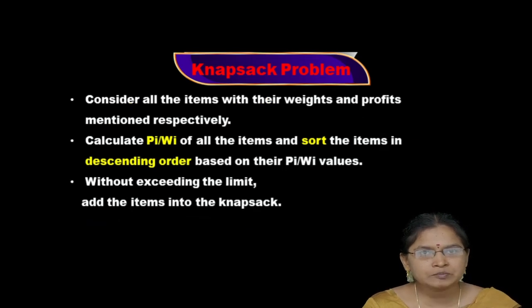Next, the steps involved in the knapsack problem. First, we have to calculate the profit divided by weight value for all the items, and then sort the items in descending order based on their profit divided by weight values. Next, we add the items one by one into the knapsack without exceeding the limit of the knapsack.